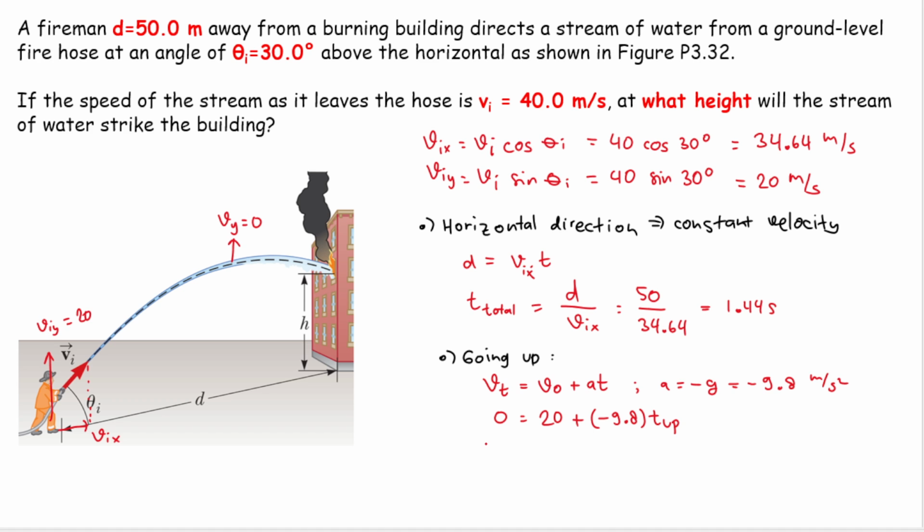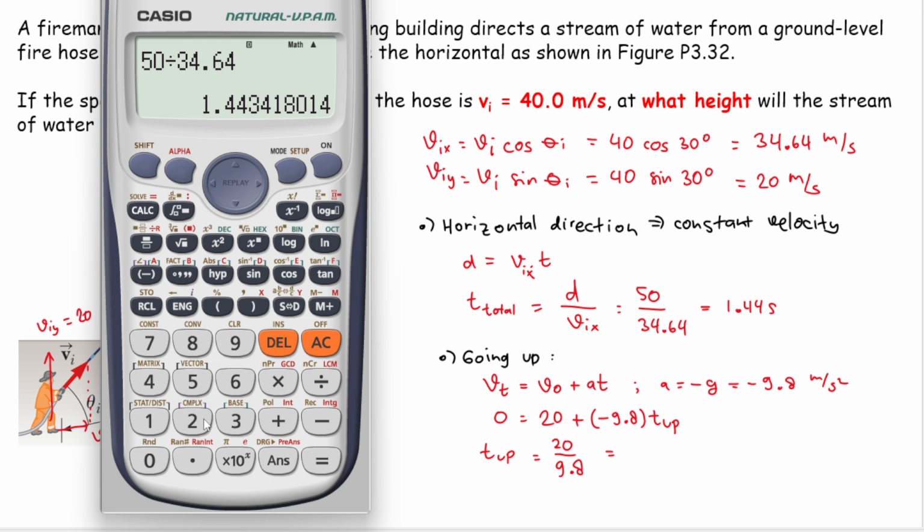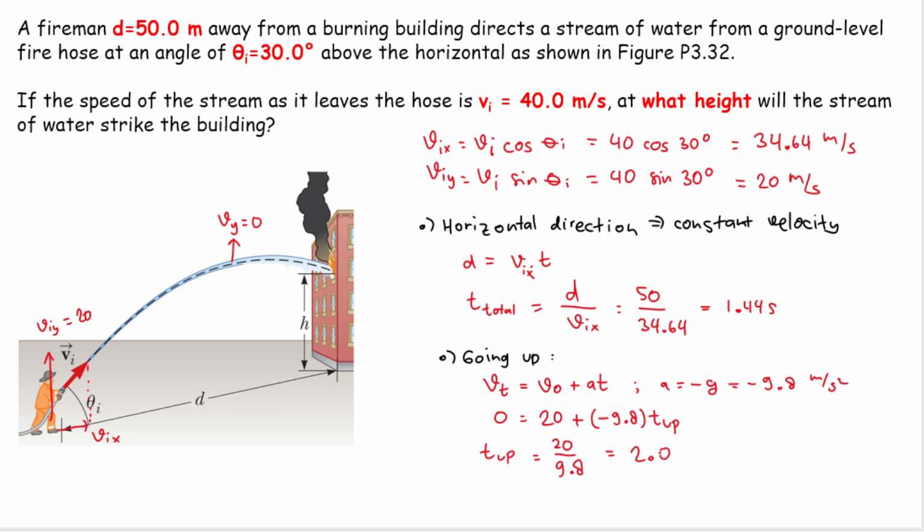But then the t going up here is equal to 20 divided by 9.8, right? And let's calculate that. So we'll have 2.04 second.